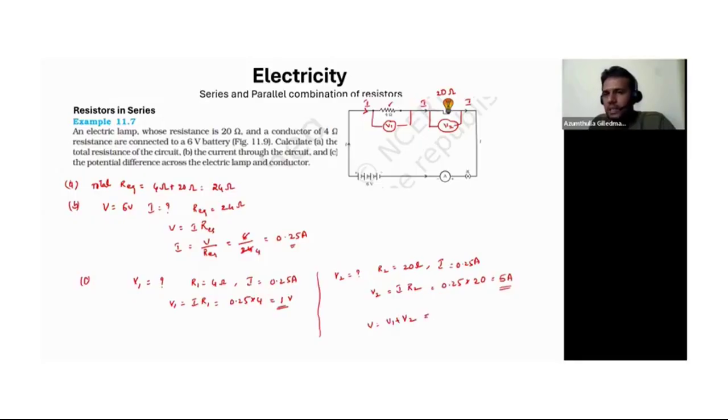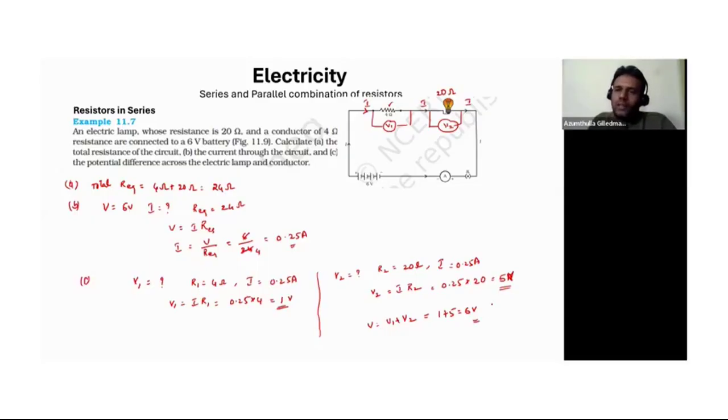In a series circuit, V, the potential difference at the source, should be the sum of all the potential differences across the circuit in series. So V1 is 1 plus V2 is 5, that is 6 volts. Sorry guys, this is volts. I don't know why I wrote amps. We are finding the potential difference, so this is 6 volts.